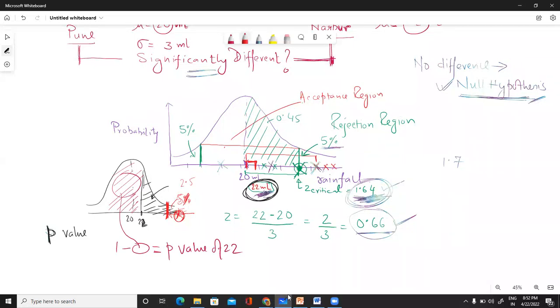If the new value is too far from the old mean, we reject the null hypothesis.